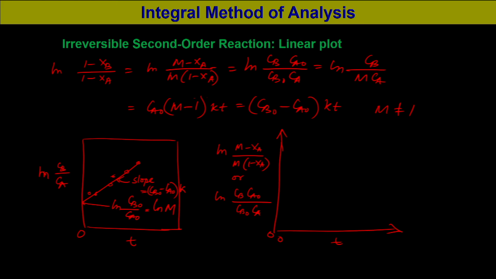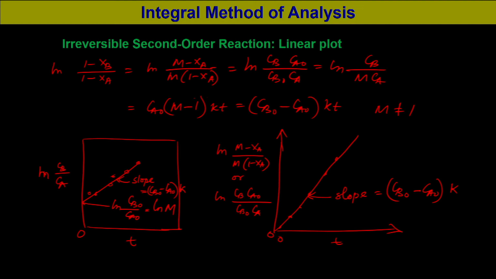If we plot, then we can obtain a curve passing through the origin, a straight line with a slope equal to C_B0 minus C_A0 into k.